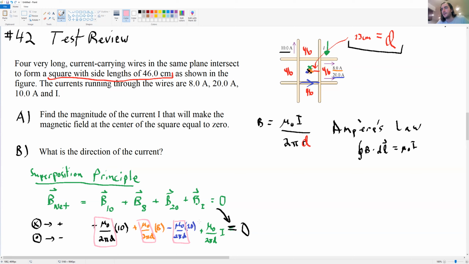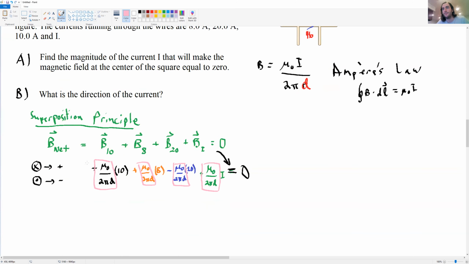So all of these coefficients are the same. We can cancel all of them. Be careful not to cancel the minus sign here, right? Be careful we don't cancel that minus sign.